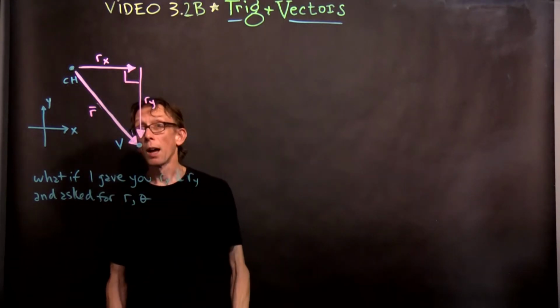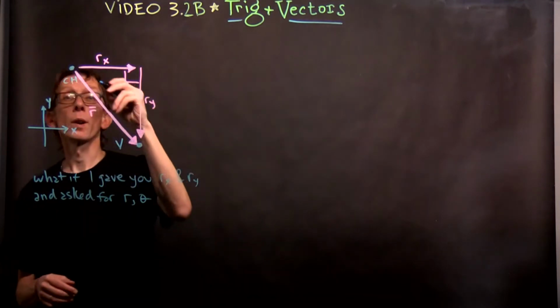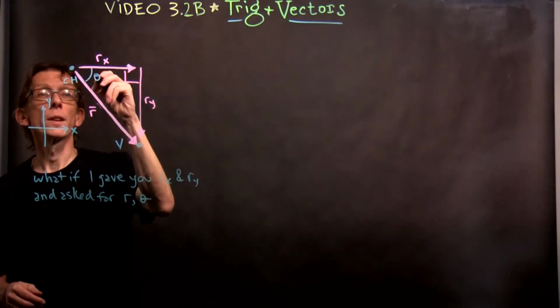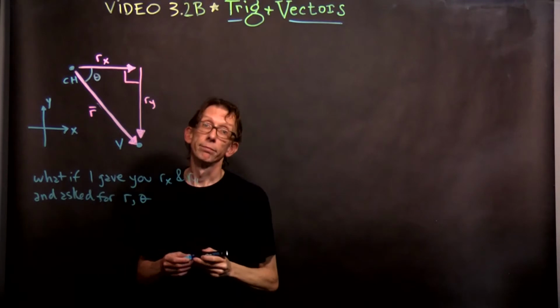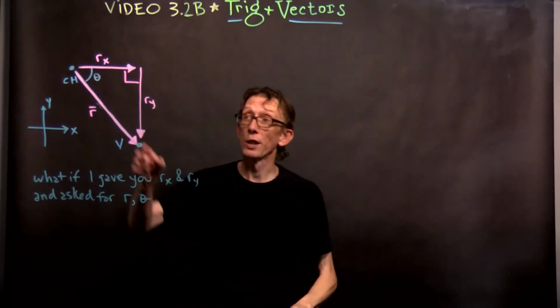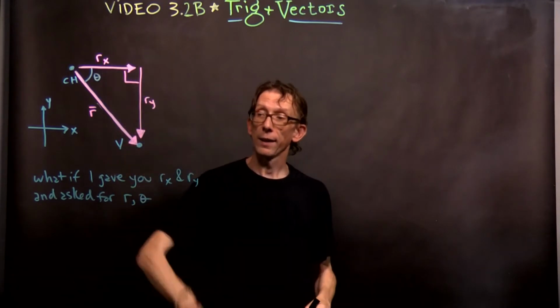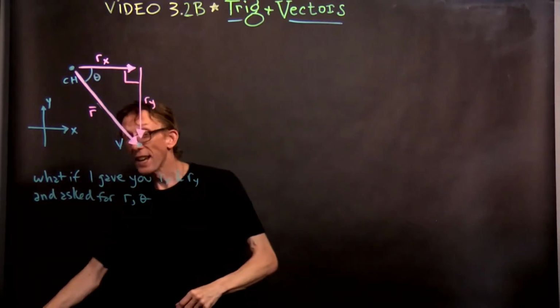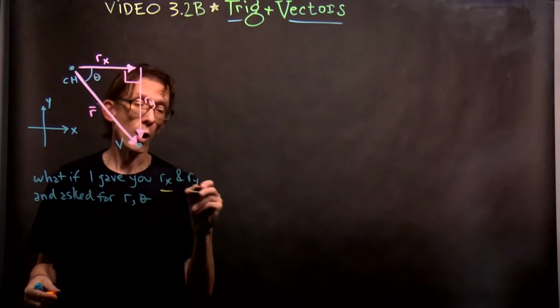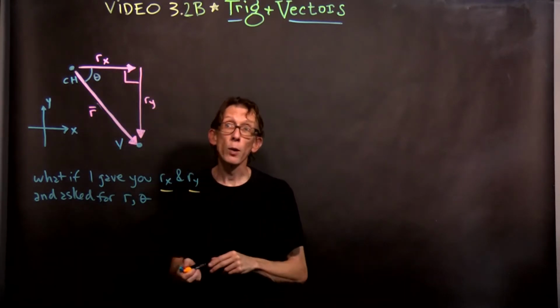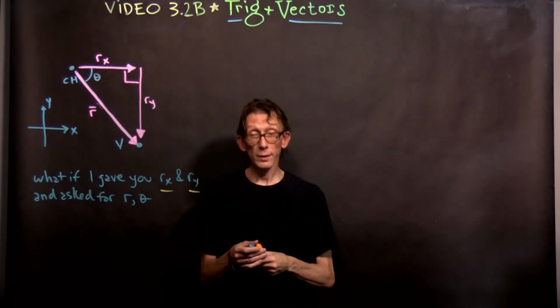Now, which angle is it that we want? Let's pick this one right here. Let's say that angle there is our theta. We can pick either angle, but let's just say for the sake of this discussion, I'm asking you for that R and that theta. So if I gave you these two, Rx and Ry, how would we find R and theta?